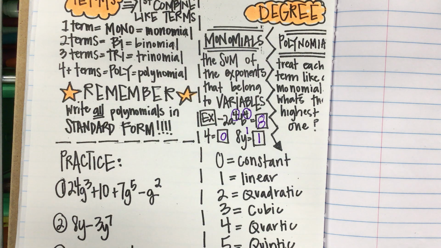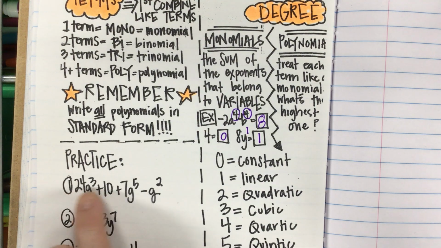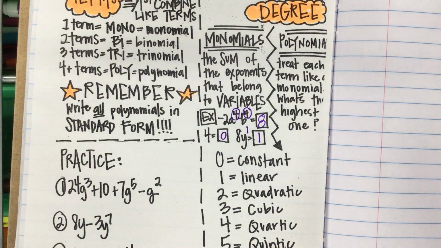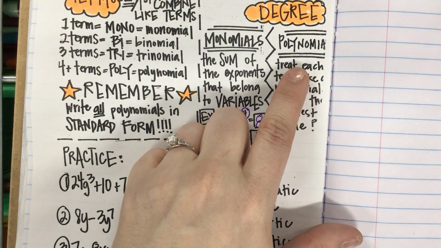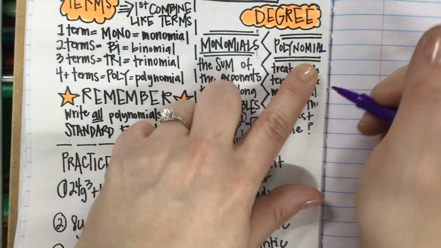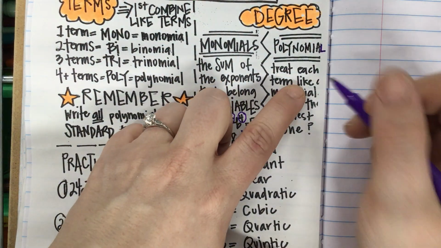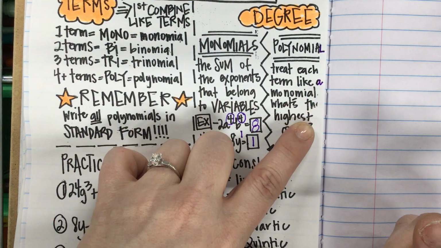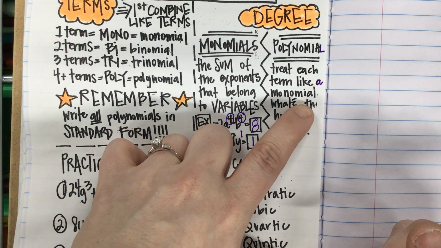All right, what if there's a problem like down here? If there's a polynomial, there's more than one term. If it's a polynomial, we treat each term like a monomial.